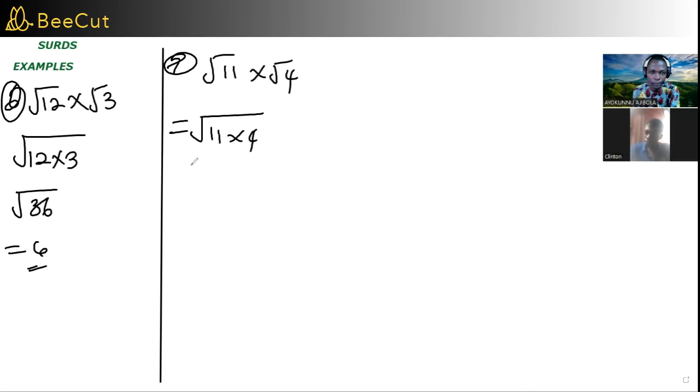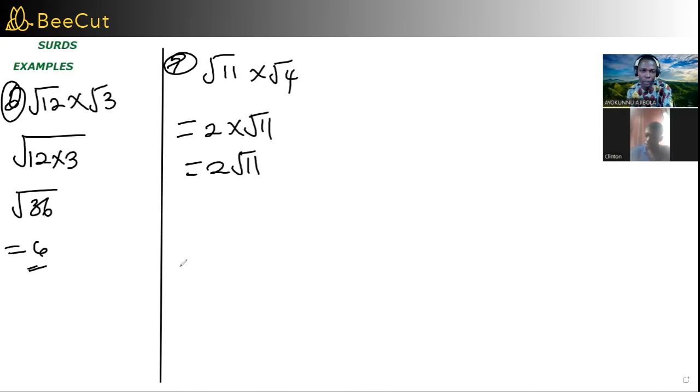Root 11 times 4, and that is root 44. Can we split this further? No. I think there's a big difference. Initially, I wouldn't have combined. I would just say square root of 4 is 2, so the answer should have been 2 times root 11, which is 2 root 11. Because if you later get root 44, you can split it back into root 4 times root 11, then you get this. So that's just a two-way around it.